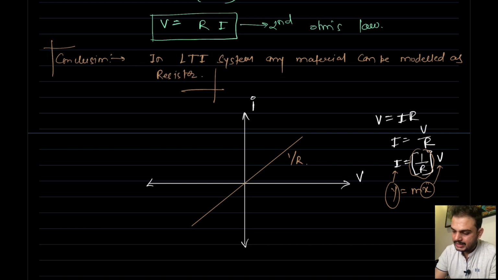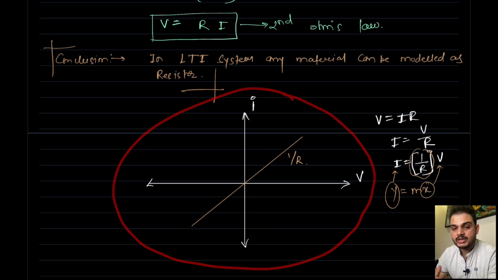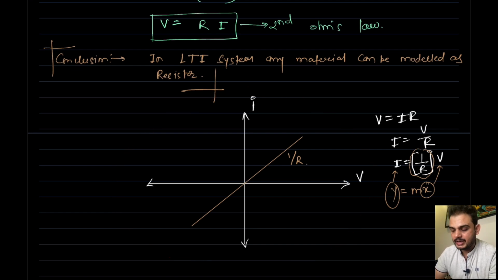This is how we can represent Ohm's law, V is equal to IR, on the VI plane. This is the VI characteristic, the voltage current characteristic, for Ohm's law.